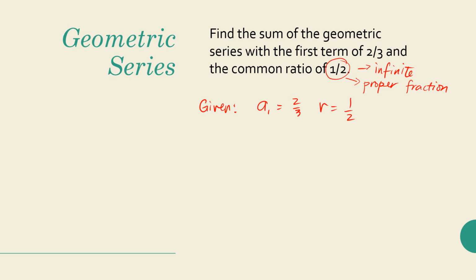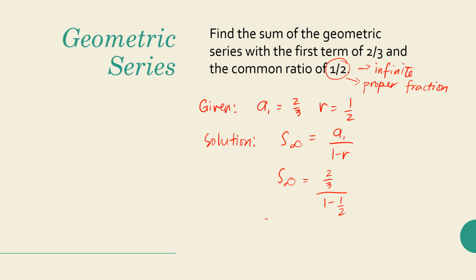So our solution is to use the infinite series formula, which is S of infinite is equal to a sub 1 over 1 minus r. So S infinite is equal to a sub 1 is 2/3 over 1 minus 1/2. And 1 minus 1/2 is equal to 1/2.